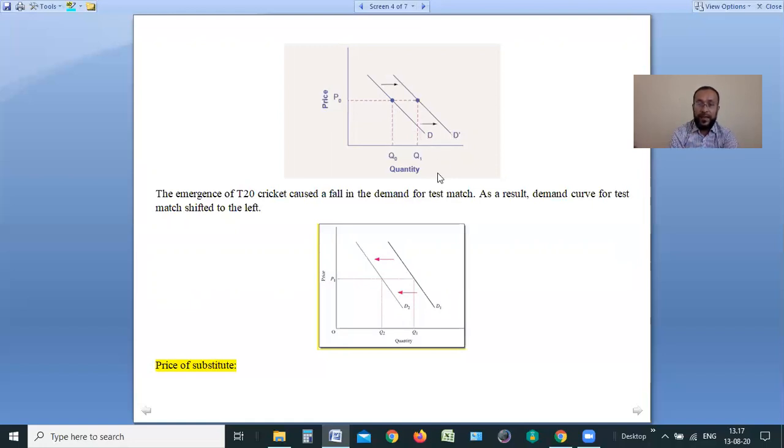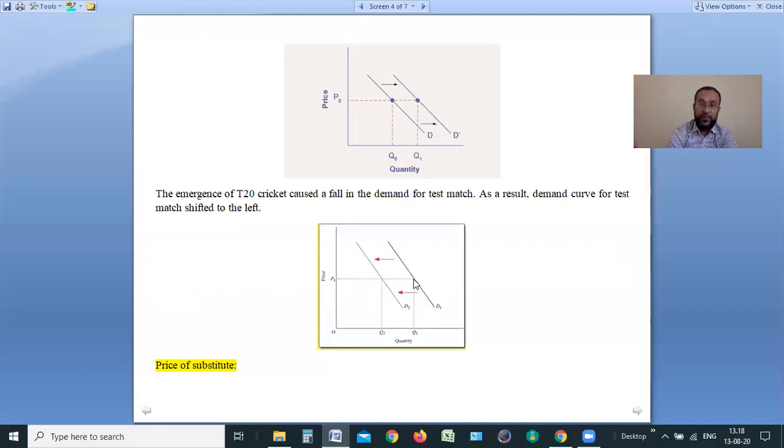The opposite thing happens for test match cricket. The emergence of T20 cricket caused a fall in the demand for test match, which takes a long time to finish, 5 days. This is a 5-day match. Since T20 cricket is now more popular, demand for test match fell. As a result, the demand curve for test match shifted to the left. So this is the original demand curve of test match cricket, and at the price P1, the demand for test match tickets was Q1.